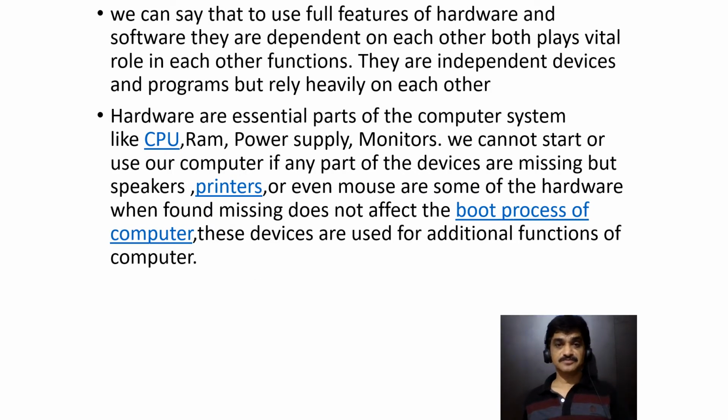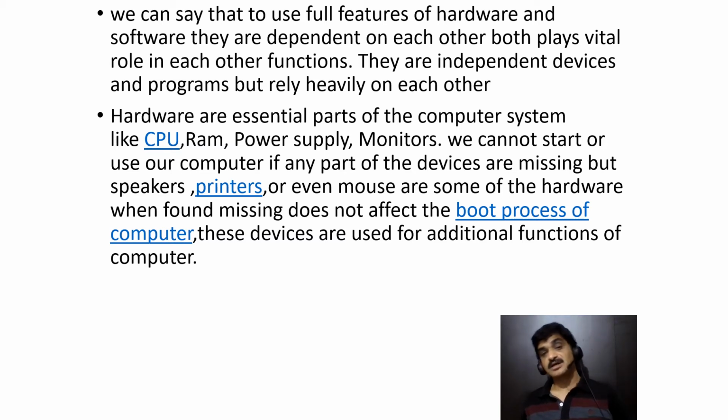Hardware are essential parts of the computer system. CPU, RAM, power supply, monitors, etc. are the hardware. We cannot start the computer without these components. Without CPU, without RAM, without power supply and monitors, we are not able to boot a computer. Speakers, printers, and mouse are also physical components of the computer, but without them we can still boot the computer.